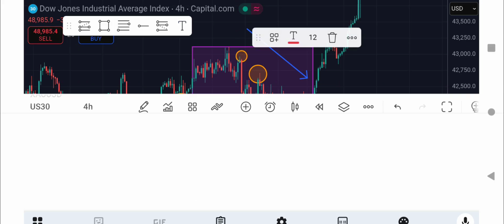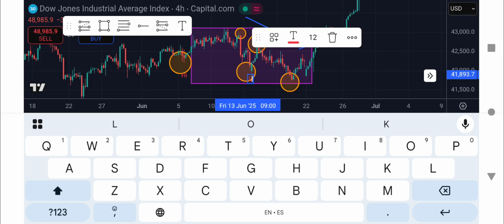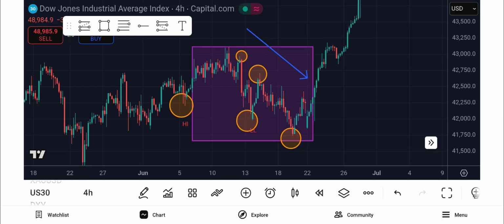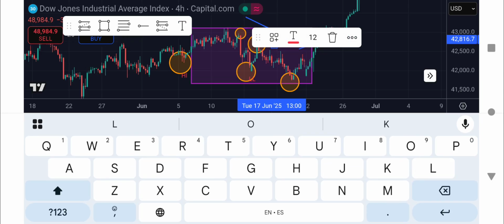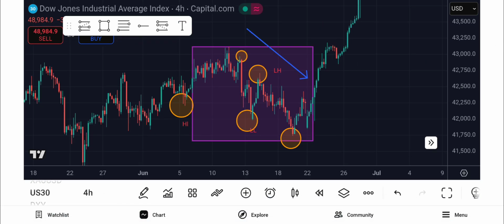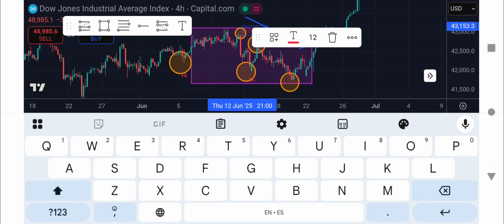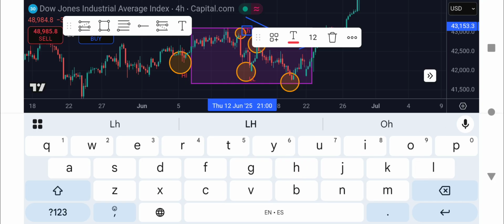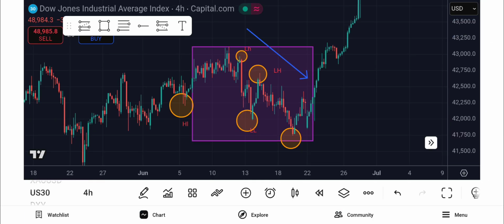This was the low, lower low, lower high, lower high. So this little lower high took out this higher low here, forming this lower low.